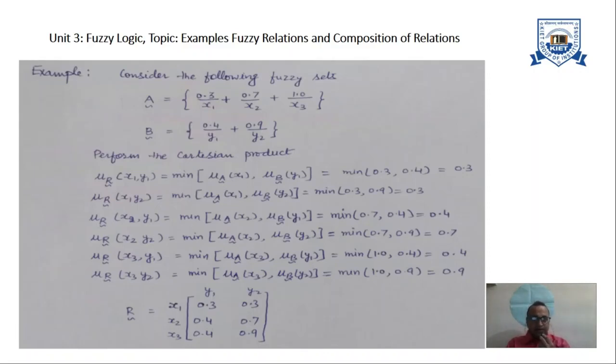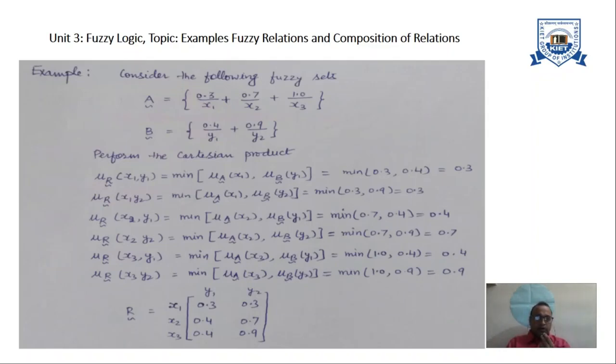Similarly, fuzzy set B is defined in another universe of discourse having two elements, y1 and y2, with membership values 0.4 and 0.9.